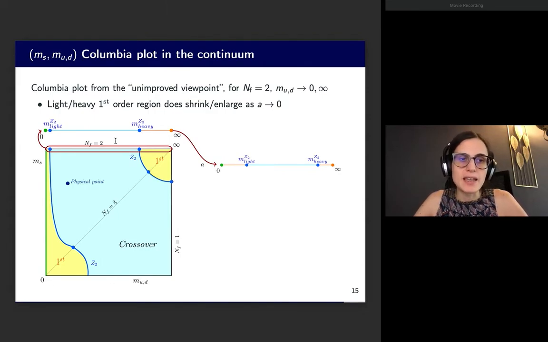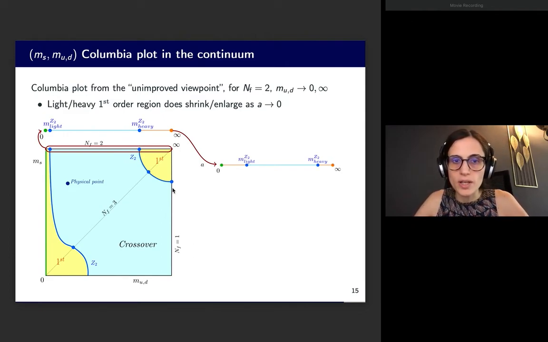Why am I saying that the situation is still not so clear over here? Because if you run simulations, you pick a discretization, maybe you pick an unimproved discretization as we have done in previous investigations, you can observe that the precise location of the Z2 boundaries is cutoff dependent.